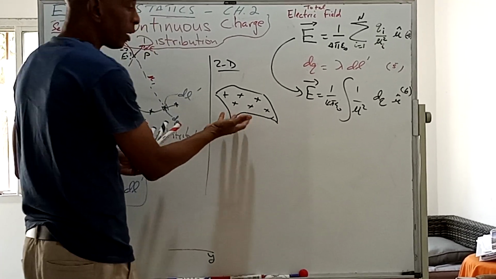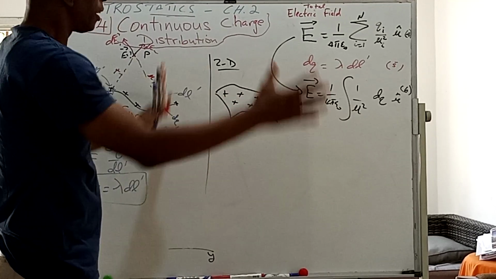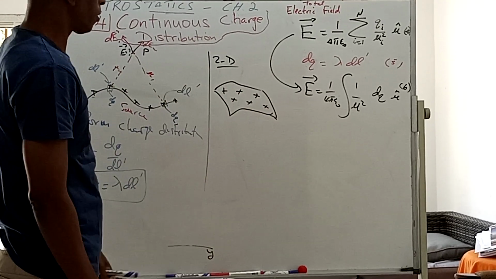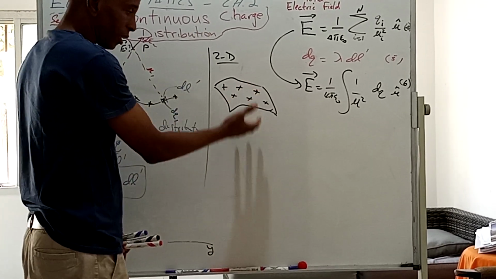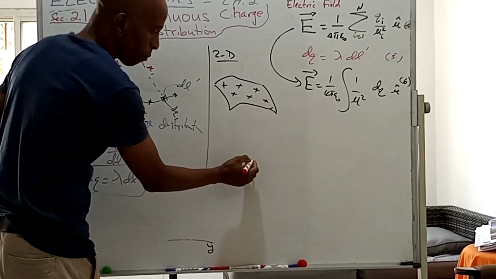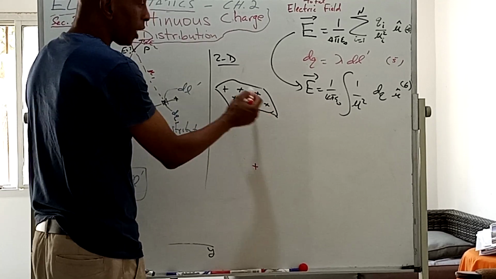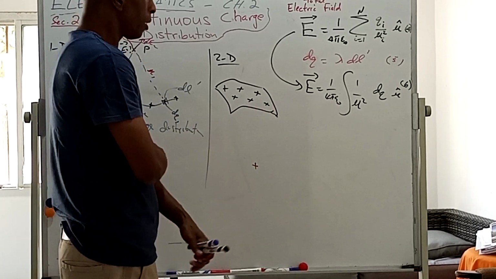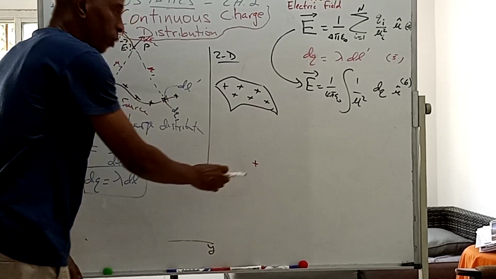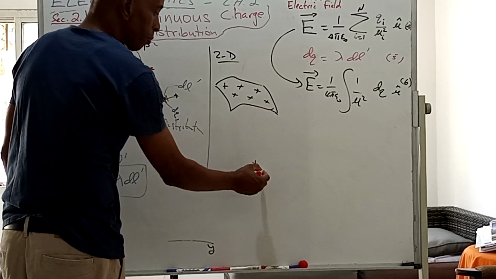And we ask the question again, if I have a surface area of charges, what is the contribution of these charges to a field, to a point in the field, let's say that point? You know that every single part of this lamina, the charges residing there will contribute to the field there, right?